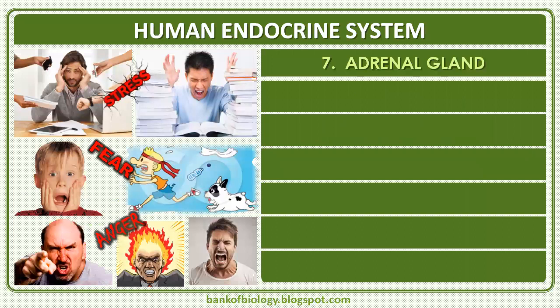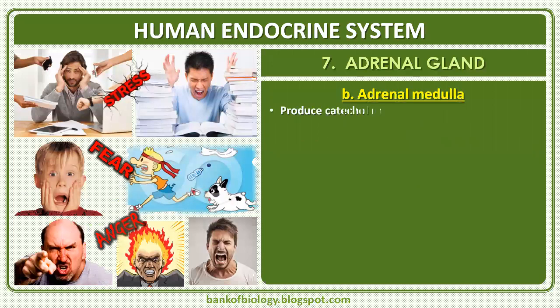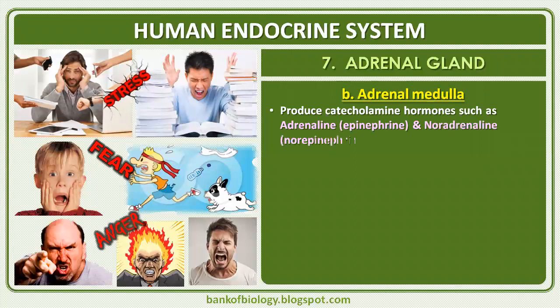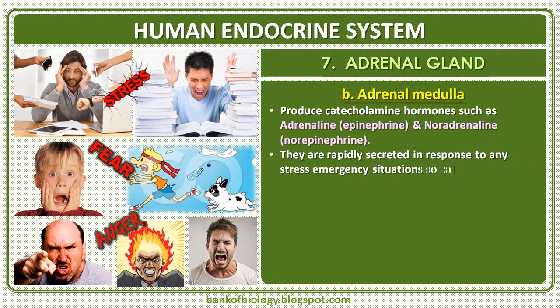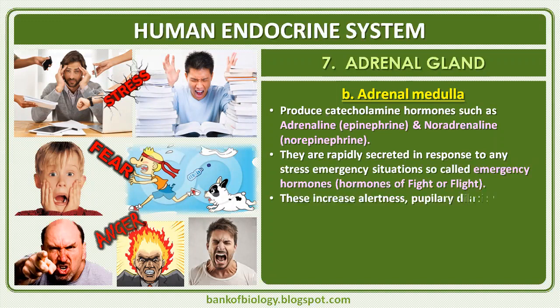And the adrenal medulla, we know this is the fight, flight, fright hormone. Adrenaline or noradrenaline: epinephrine 80%, norepinephrine 20%. They're rapidly secreted in response to any stress or emergency situation, so-called emergency hormones, hormones of flight or fright.